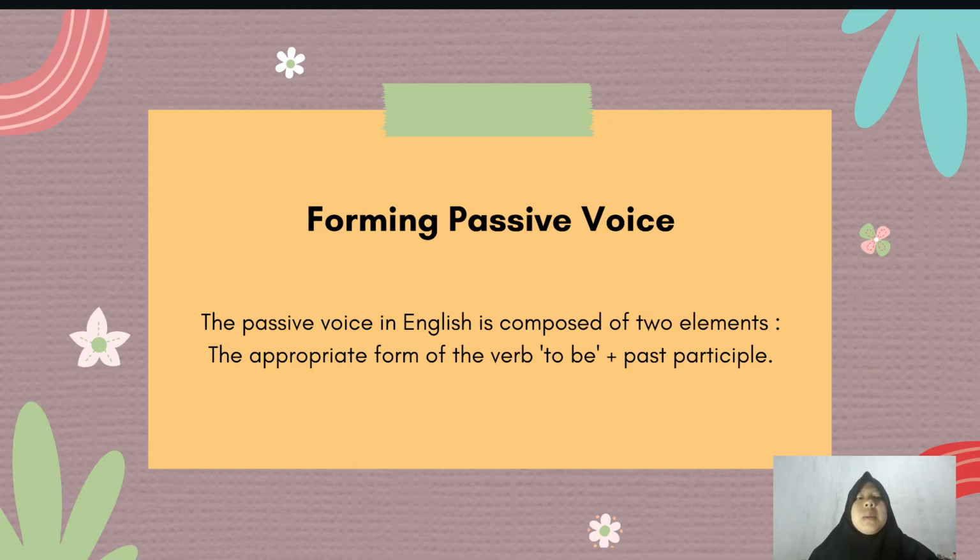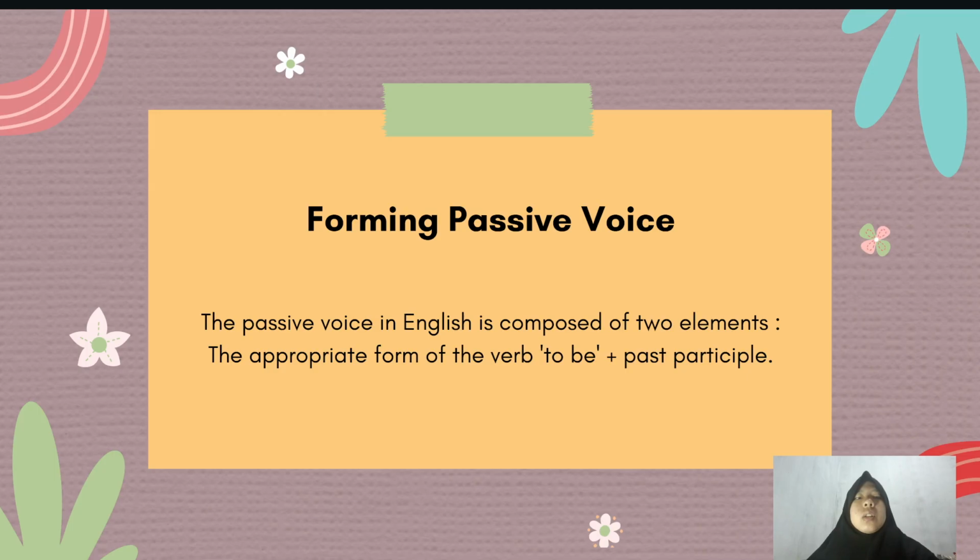And verb three is the past participle form of the verb. Okay, and "by" introduces the agent, the doer of the action. So it can be omitted if the agent is unknown or irrelevant.